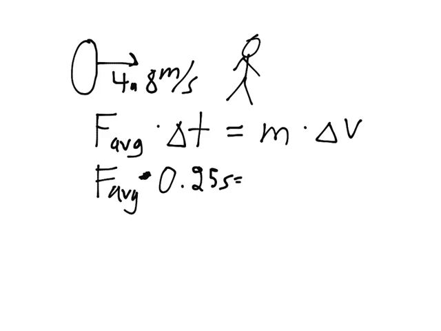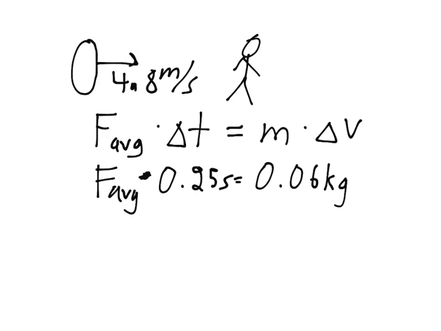Then on the right side, we know that the mass of the egg is 60 grams, which I'm going to write as 0.06 kilograms, because there are 1,000 grams in a kilogram.